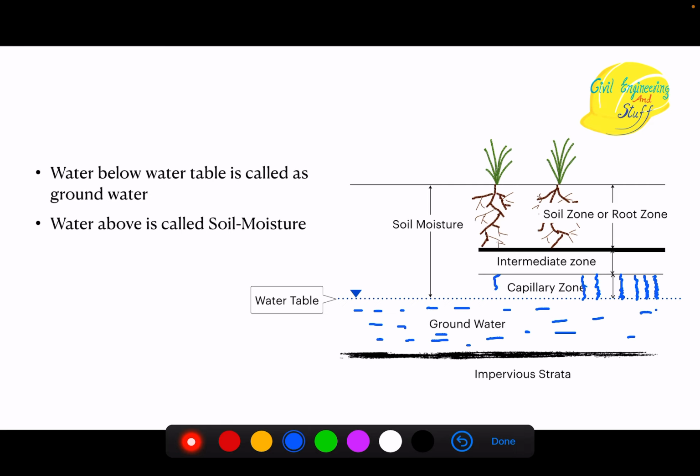The depth up to which this phenomenon is very prominent will be called the capillary zone, and the depth in between the root zone and capillary zone is called the intermediate zone. The combination of root zone, intermediate zone and capillary zone is the soil moisture available in the soil.